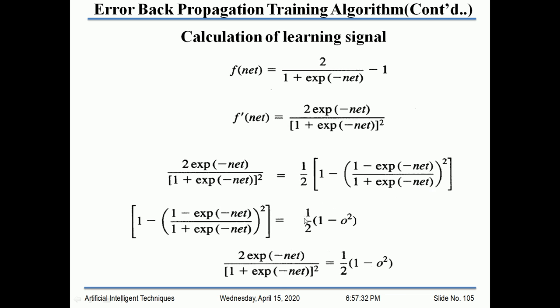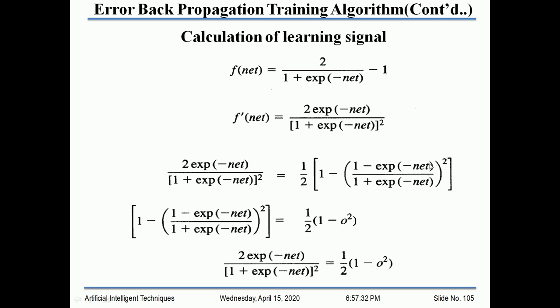This is nothing but half into 1 minus O, so this is O. How is it O? See this 2 by 1 plus exponential of minus net minus 1, take the LCM, 2 minus 1 minus exponential of minus net by 1 plus exponential of minus net. That becomes 1 minus exponential of minus net by 1 plus exponential of minus net.